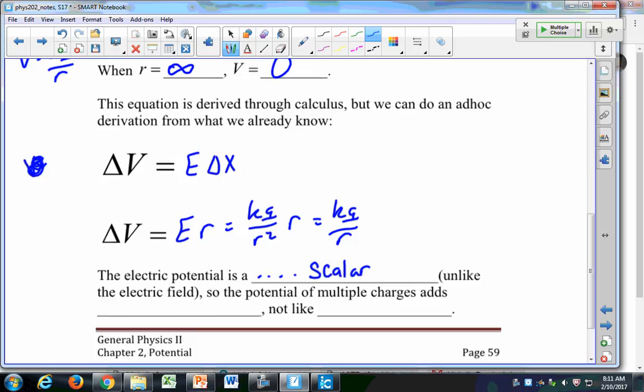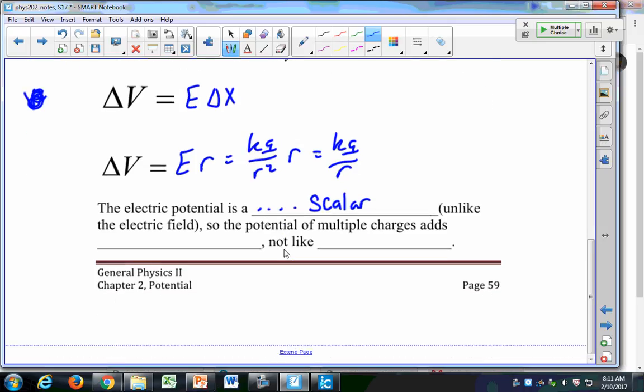You just calculate kq over r, and you say, oh, 2 plus 4 is 6, and that's your potential. You don't have to do all that business with the vectors. In fact, we're basically done with vectors. Mostly. We'll have a little bit more. So the potential of multiple charges adds like numbers, not like vectors. We'll see vectors a little bit, but nothing like we've done before. We're basically done with that part.